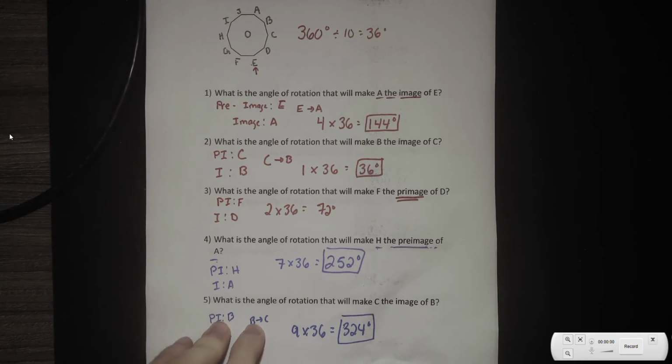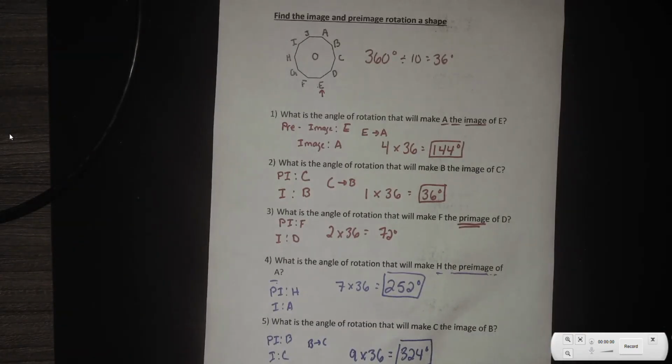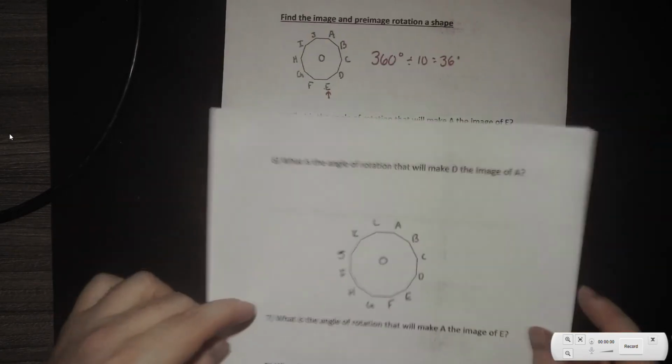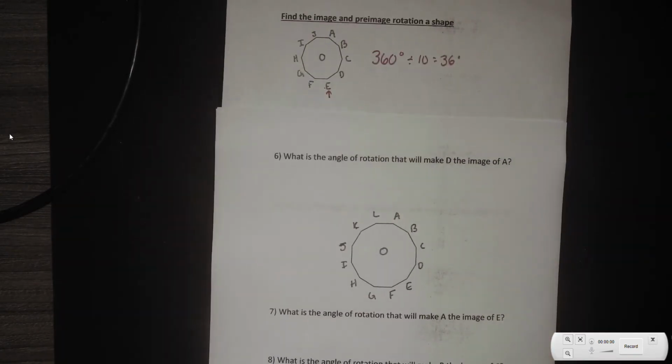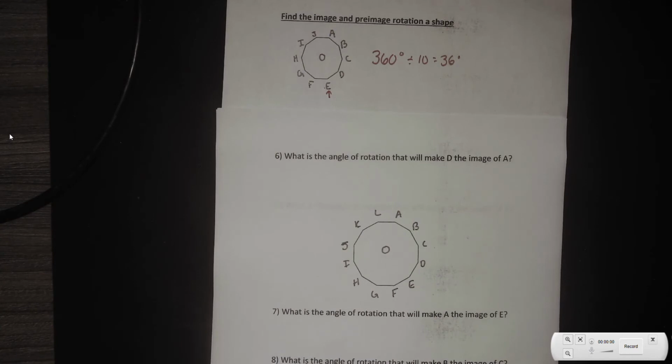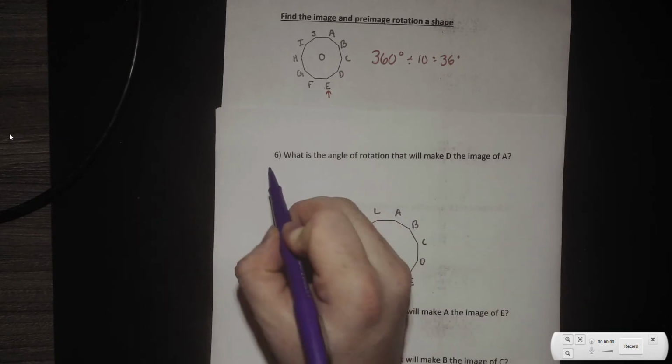Let's turn the page, if I can get it turned. There we go. All right, we got one more for this one. So 6. I want the angle of the rotation to make D the image of A. D is the image, A is the preimage.